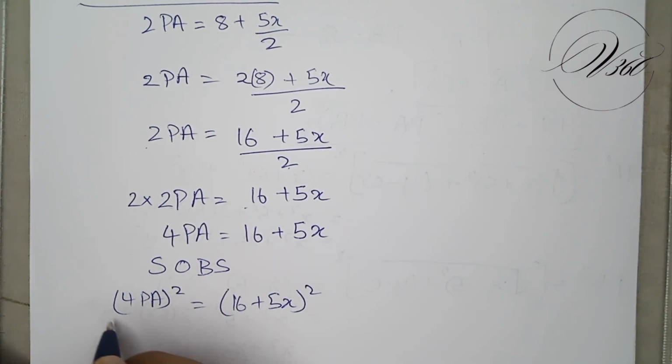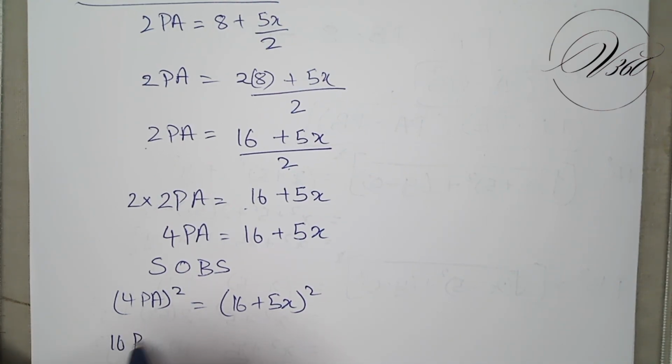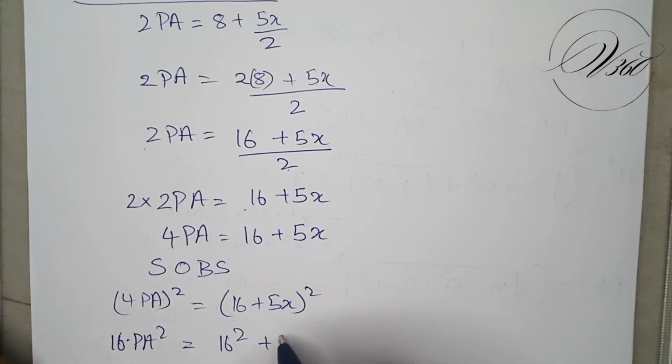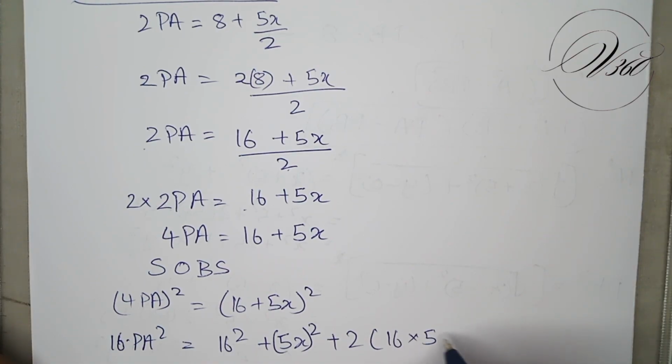Now if we solve, 4 4s are 16 PA square. We have got the PA square value. Now next we will substitute that, but first we will solve this a plus b whole square formula. Now here 16 square plus 5x square, plus 2 of 16 into 5x.